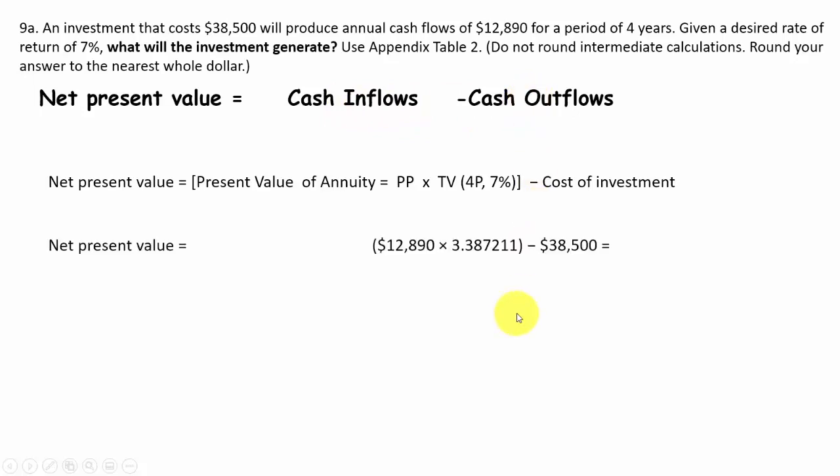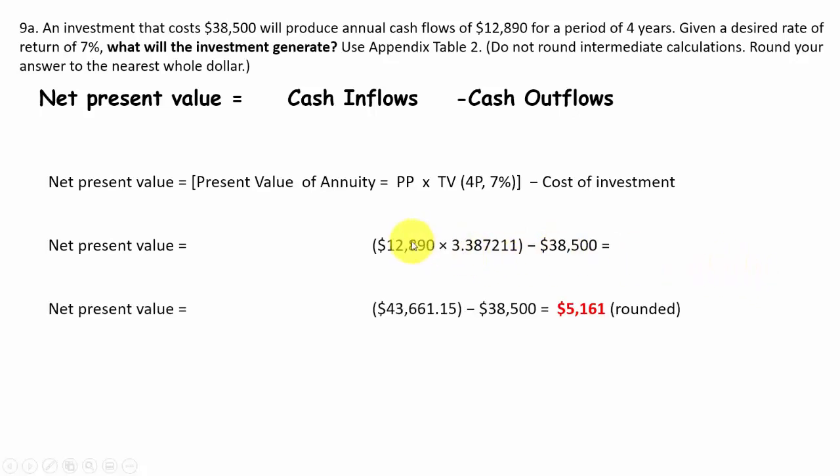So the periodic payment is $12,890. The table value in table 2, based on 4 periods at 7%, would be 3.387211. And then you're going to subtract from that the $38,500, which is the cost of your investment.